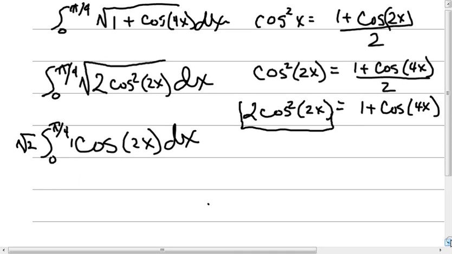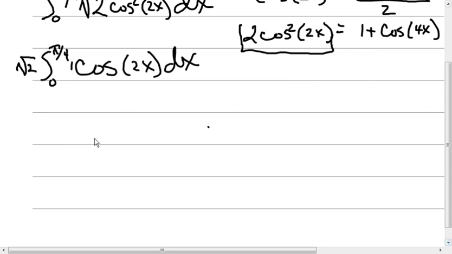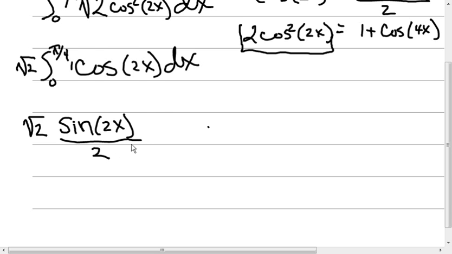What is it going to be? Think about the antiderivative. And it's going to be the square root of 2 times, and hopefully you got this, sine 2x divided by 2, and we have to evaluate from 0 to pi over 4.